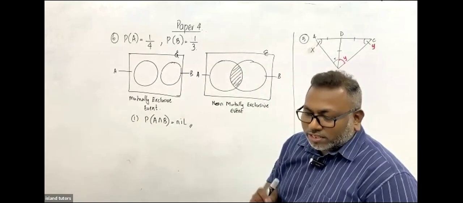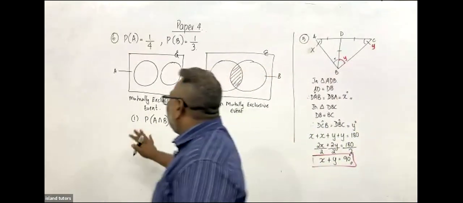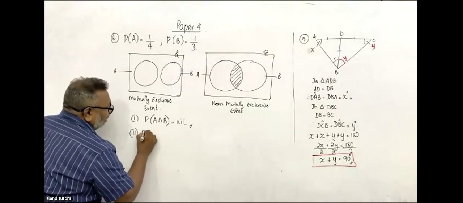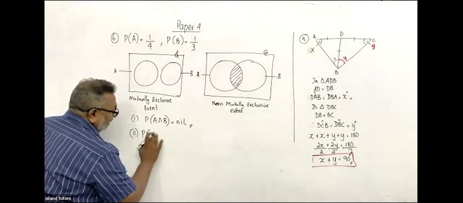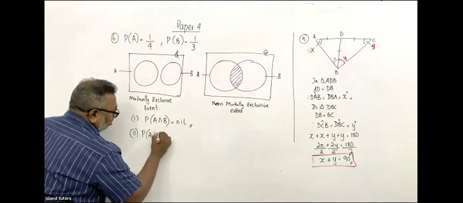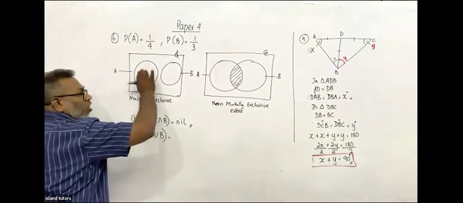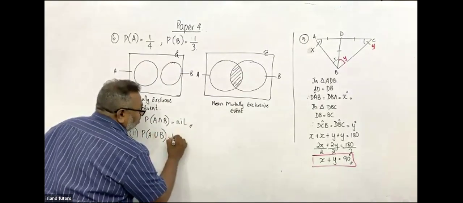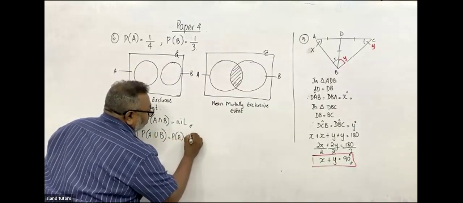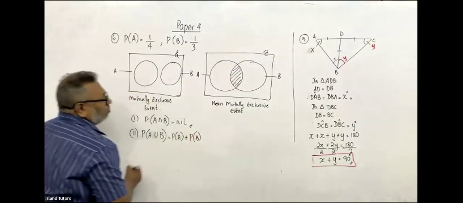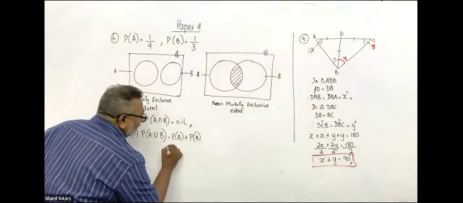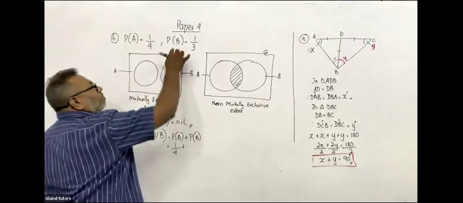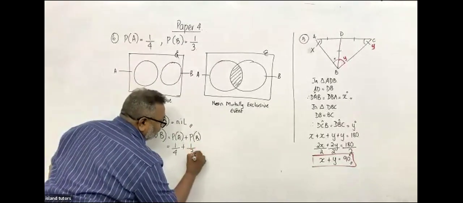Then they are asking you to find the probability of A union B. Probability of A union B means A or B, which is probability of A plus probability of B. Probability of A is 1 over 4 and probability of B is 1 over 3.